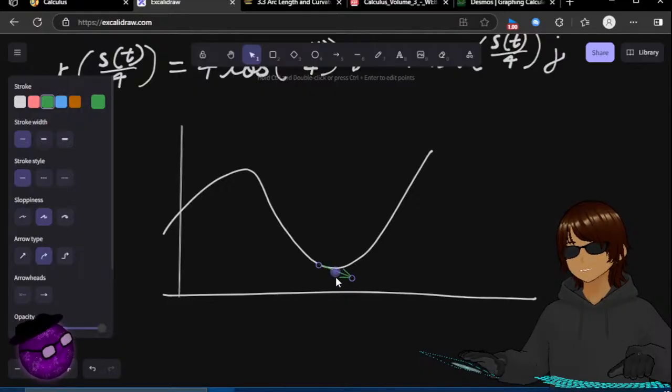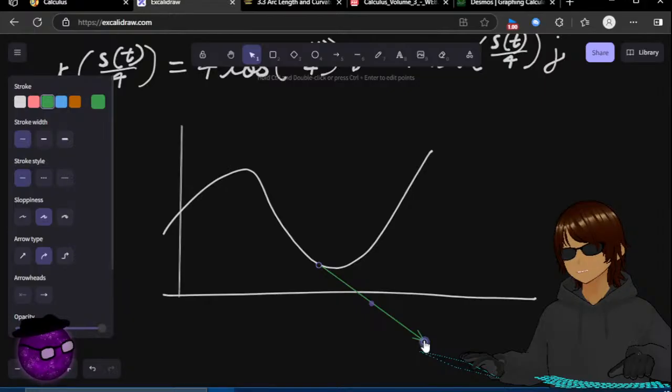Like this unit tangent vector. If it's over here and you increase it just a little bit slightly, the vector would change direction. So if it changes direction a lot, that means the curvature is great. If it barely changes, that means the curvature is small.